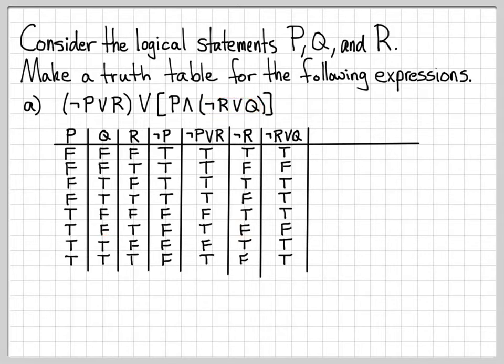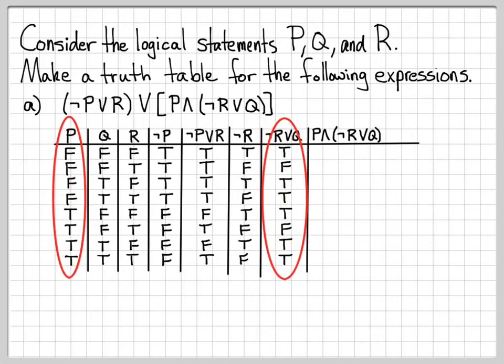So let's go ahead and make a column for this. Okay, so let's go ahead and make a column for P and quantity, not R or Q. So to construct this column, I basically need to AND this column with this column, right? So when I AND, I'm going to have a false unless both of them are true. Okay, so we can see that's not going to happen too often.